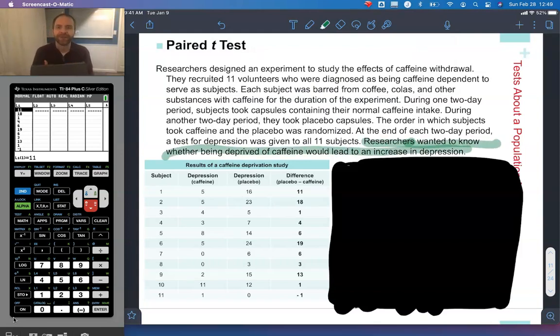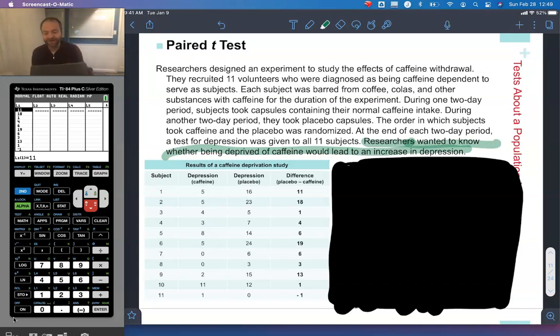They would be looking for higher depression levels. If the placebo value had a higher rating than the caffeine, then when they were withdrawn from the caffeine, they showed more depression. So they would want a larger number.